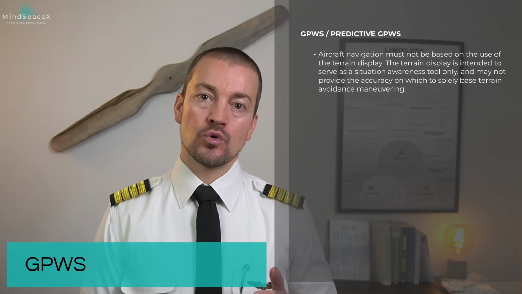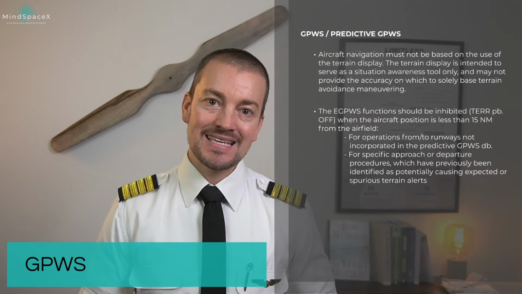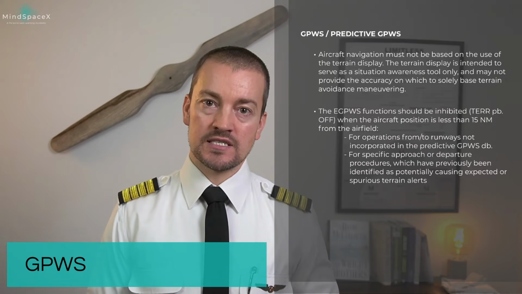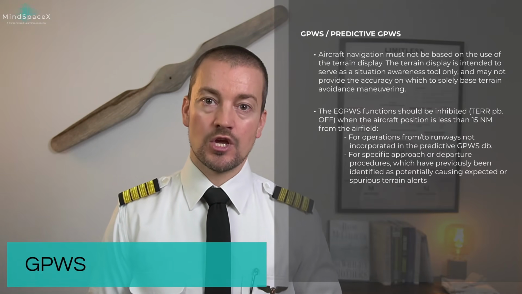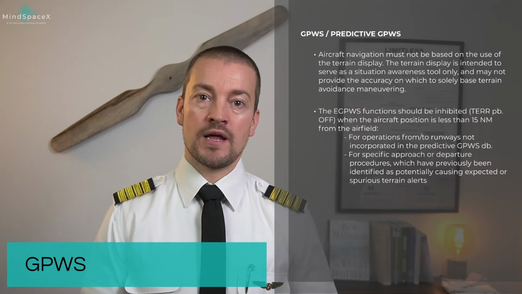The terrain display is intended to serve as a situation awareness tool only and may not provide the accuracy for solely based terrain avoidance maneuvering. The EGPWS, the Enhanced Ground Proximity Warning System, predictive function, should be inhibited. That means terrain off on the overhead panel.